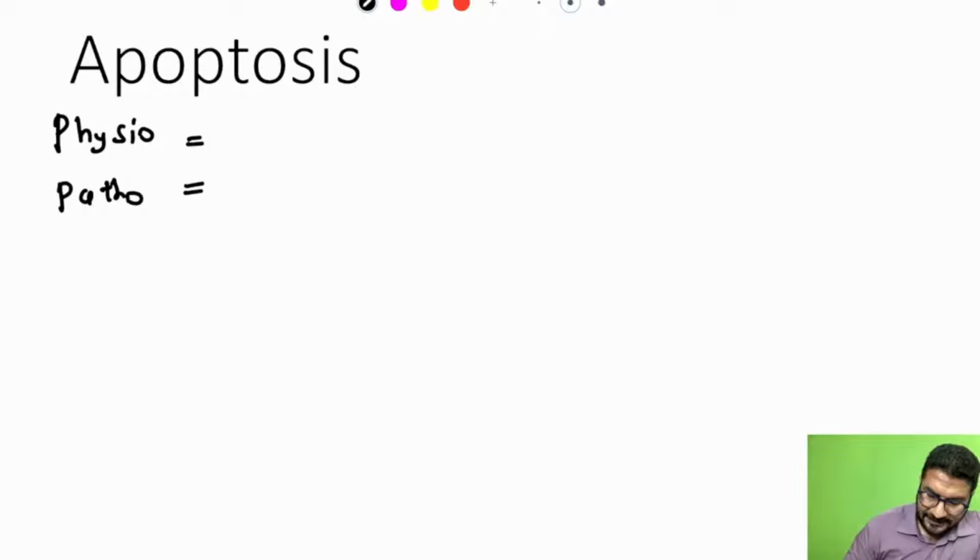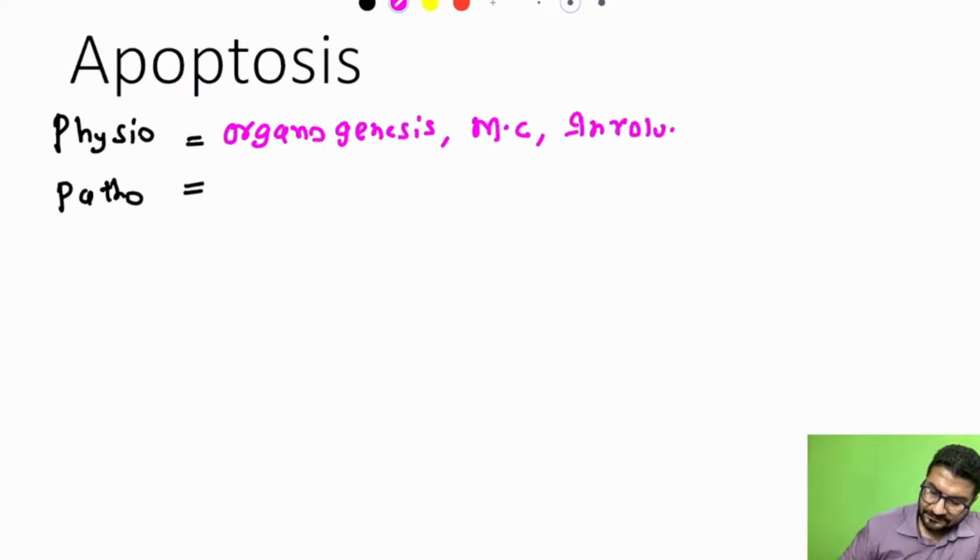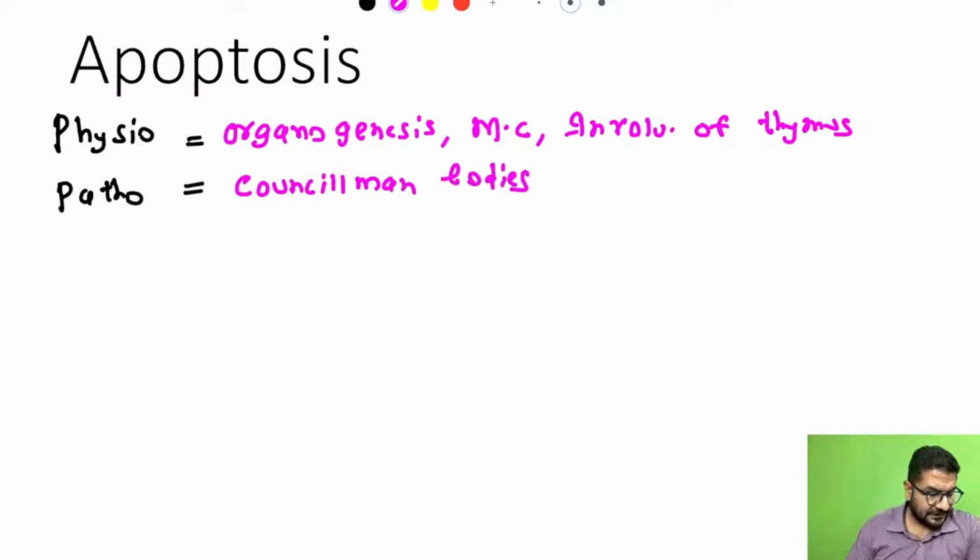Physiological examples of apoptosis are organogenesis, menstrual cycle, and involution of thymus at puberty. If I talk about pathological examples, we have Councilman bodies, these are apoptotic bodies, right?